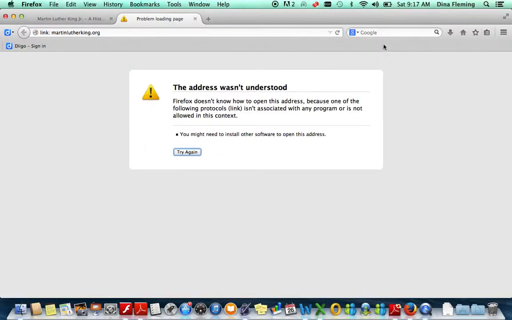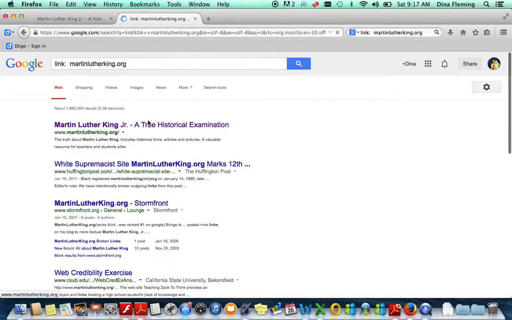And if they are linking to this page, oops, I have to do it in my Google, sorry. If they are linking to this page, how are they talking about it? What are they saying about it? Are they saying that they're using it for legitimate information, or are they talking about it in a different light?